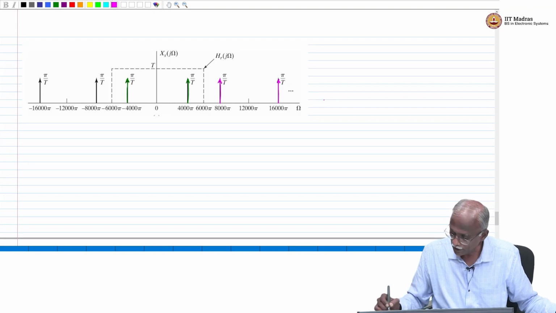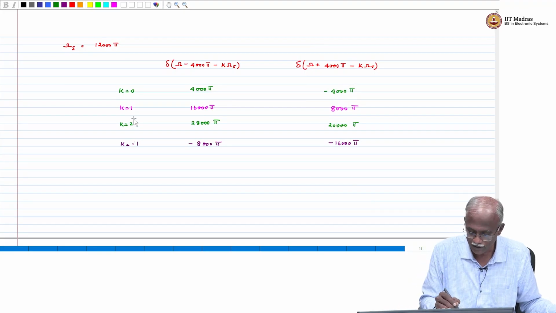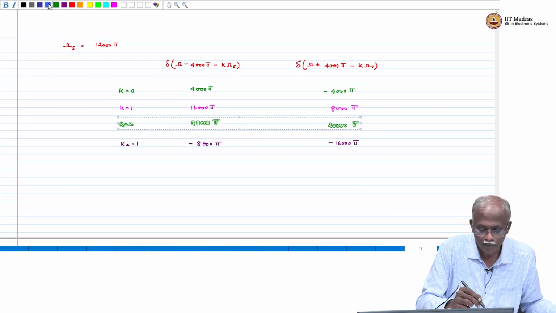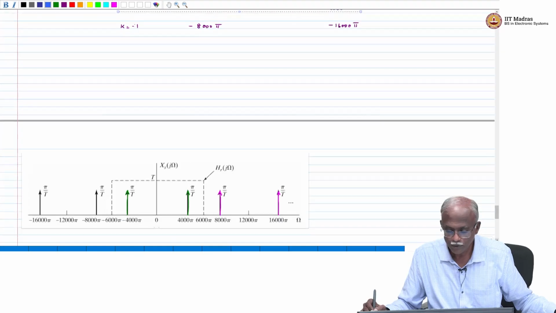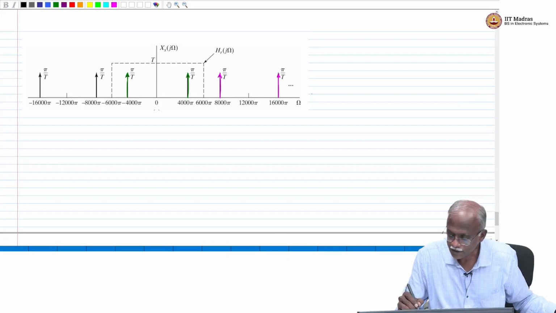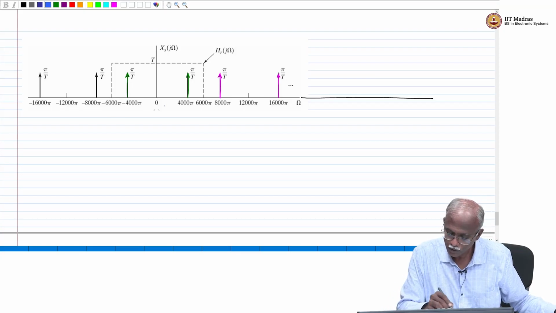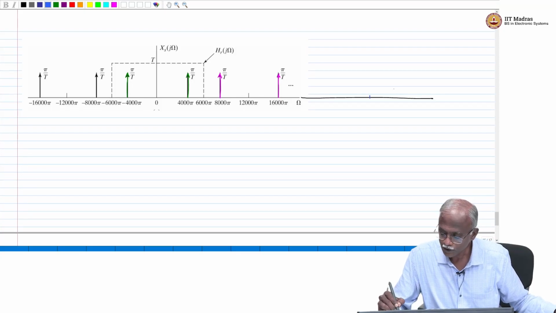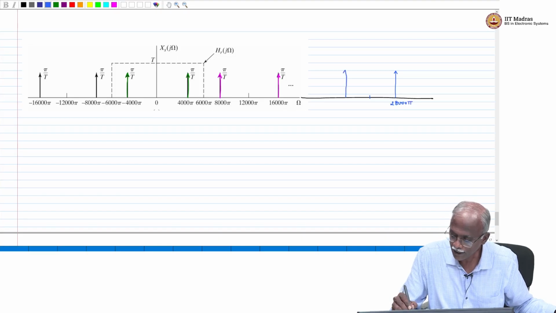And then go one more time, we said k equal to 2. What happened? I thought we changed the color to blue. Okay. We will make it blue. Okay. So, which means that now we will have to extend this axis to 24,000. 24,000 plus 4 will be at 28,000 pi, and this will be at 20,000 pi.